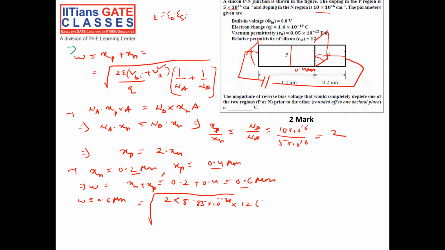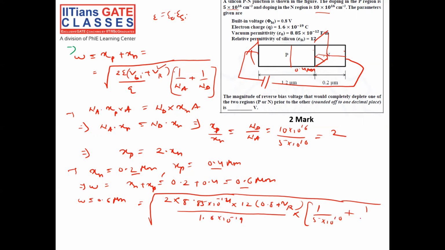VBI is given as 0.8 volt, plus VR, divided by Q. The charge is given as 1.6 into 10 power of minus 19, into 1 by Na. Na is 5 into 10 power of 16, plus 1 by Nd. Nd is 10 into 10 power of 16. So in this equation everything is known, and only VR needs to be calculated.